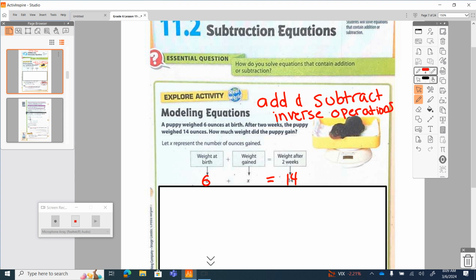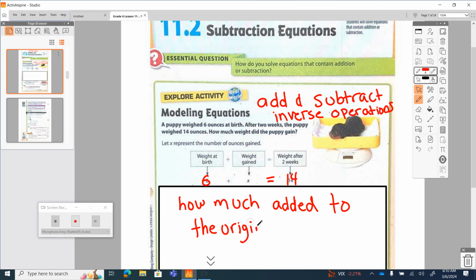We can think of that as how much added to the original weight. And if we add weight, we can also think of that as an increase. Those words, added or increased, tell us that we're going to add.